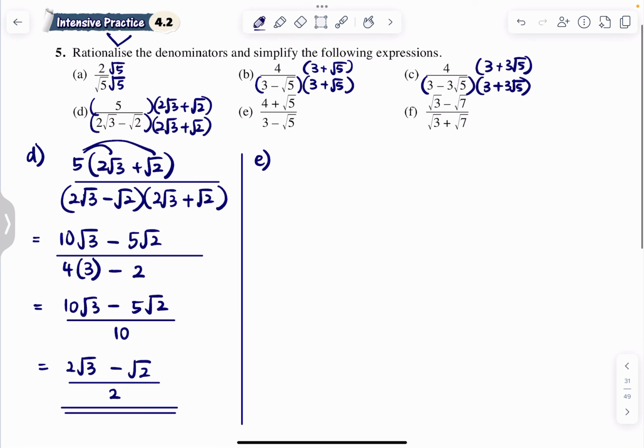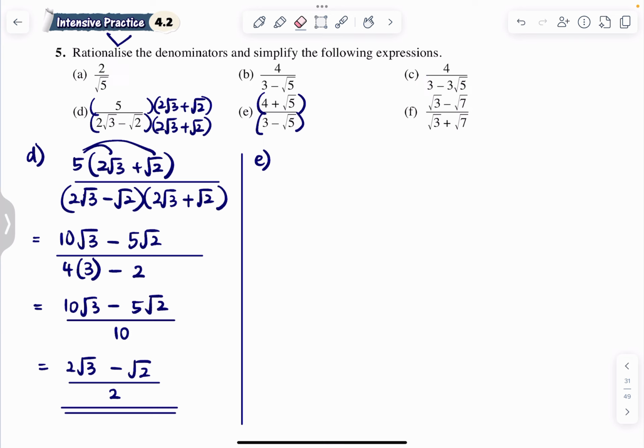E. So here we have the same thing. So you always look at the denominator's conjugate. Okay, don't get confused with the numerator. Right. So the denominator is 3 minus √5. So the conjugate will be 3 plus √5.